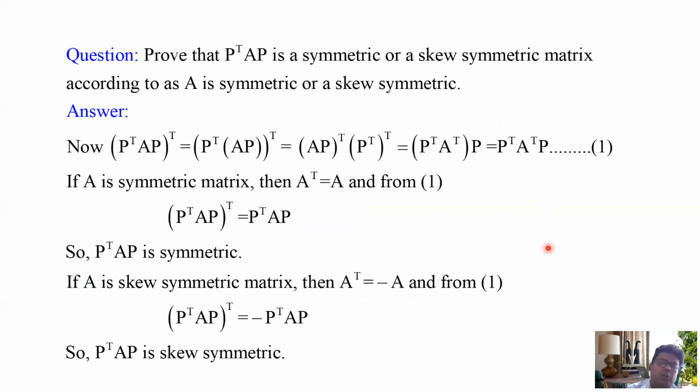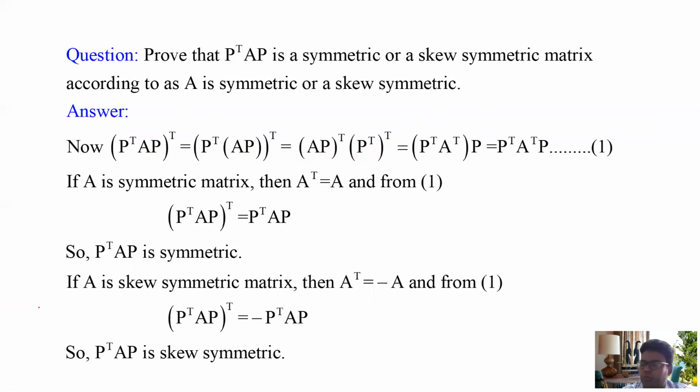Now this is a very important property, an important proof, that P transpose AP is a symmetric or skew symmetric matrix according as A is a symmetric or skew symmetric matrix. Let's see. Now (P transpose AP) whole transpose is equal to (AP) whole transpose, (P transpose) whole transpose. From where do you have this? Very simple.